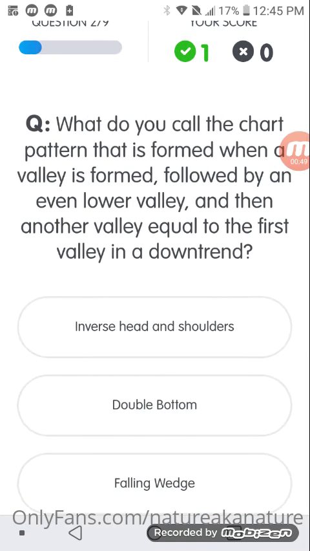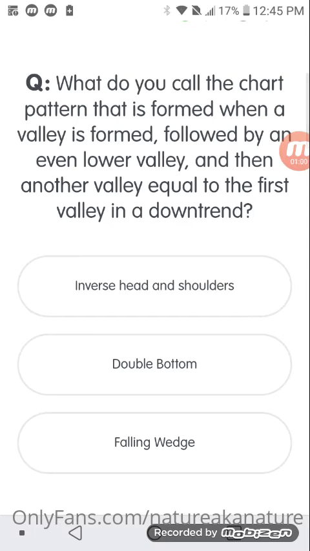What do you call the chart pattern that is formed when a valley is formed, followed by an even lower valley, and then another valley equal to the first in a downtrend? This is called an inverse head and shoulders. The first valley creates the first shoulder, then the downtrend makes the lower valley, which is the head, and then an uptrend makes the other shoulder.